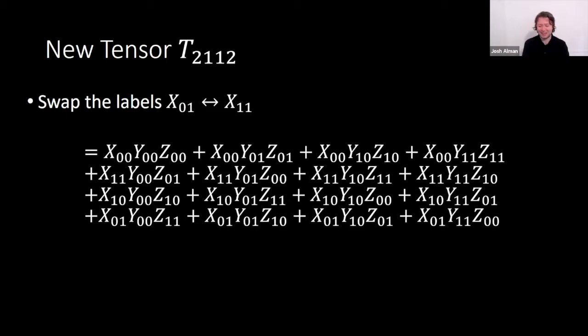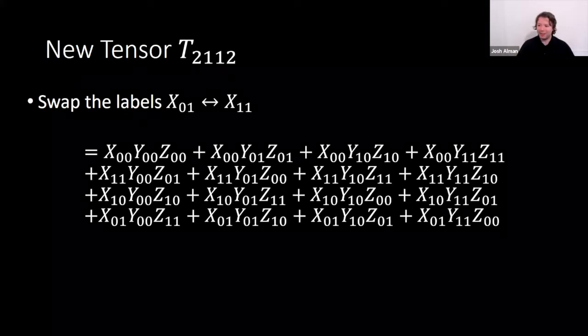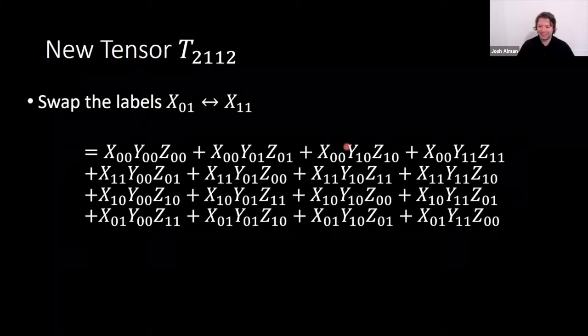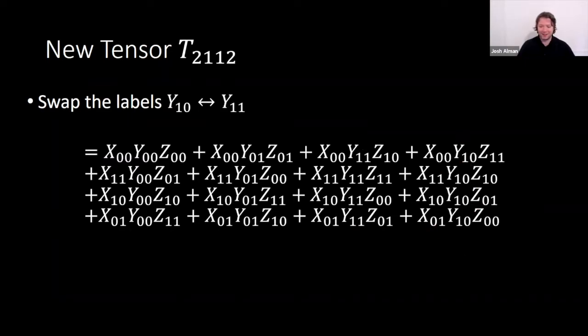The details of what I'm doing are probably not super important; the idea is what I want to get across. I'm similarly going to swap the labels for y10 and y11, like this column of y's and this column of y's. So far I've just renamed variables, so I've not changed the rank.